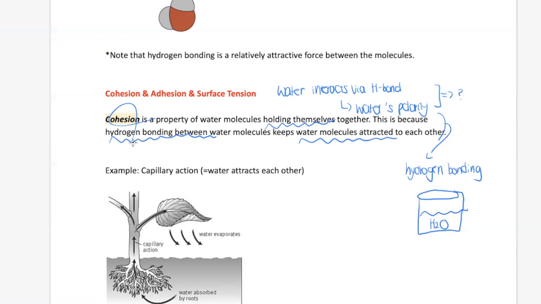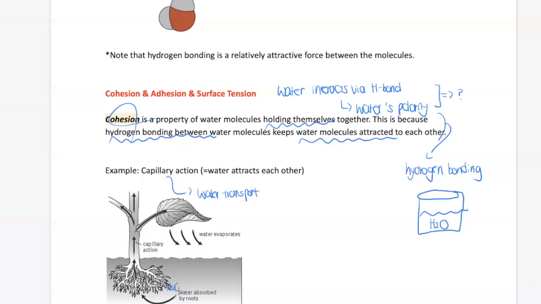So what is a real life example of this? So one prominent example would be capillary action. So capillary is the part in plants that is responsible for water transport. So you'll recognize that in real life, the roots of a plant absorb the water.